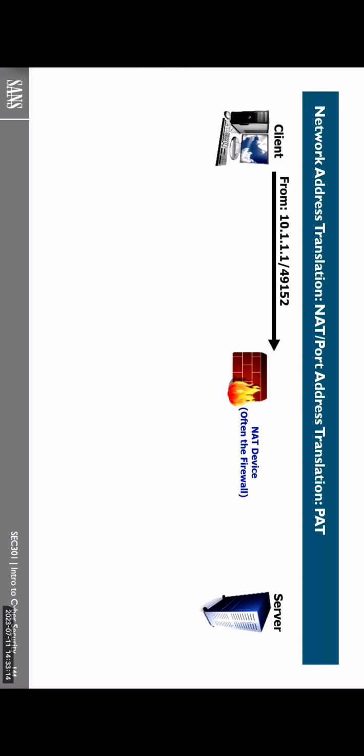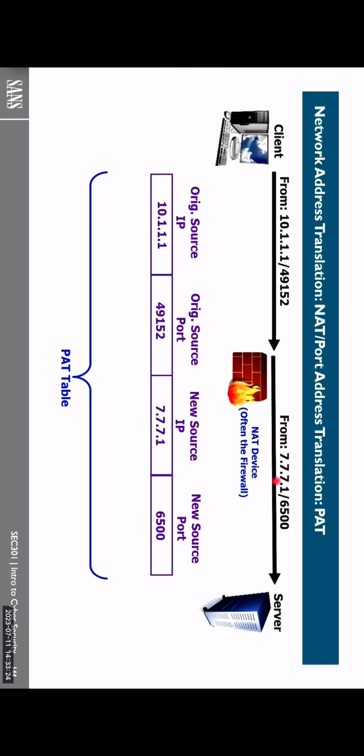My NAT device, which is almost always my firewall, takes the IP address for my machine and replaces it with the firewall's IP address. It also pulls my port number out, 49152 in this case, puts all of that in a table, and assigns me a new port number. So it's removing my IP address and port number and replacing them with its own.